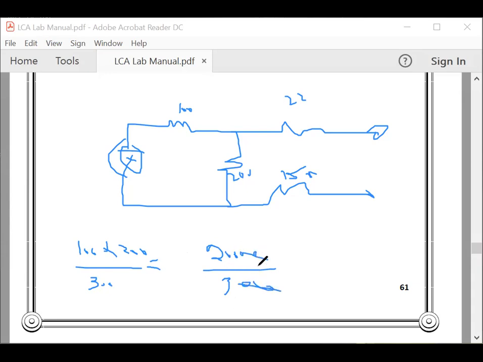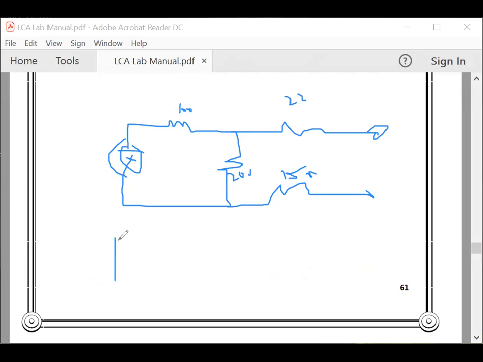So 200 divided by 3 is equal to 66.66 ohm. So after this, we will have 66 if we solve 100 and 200 in parallel.